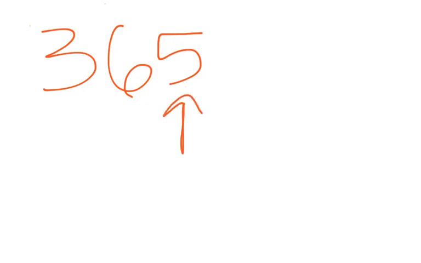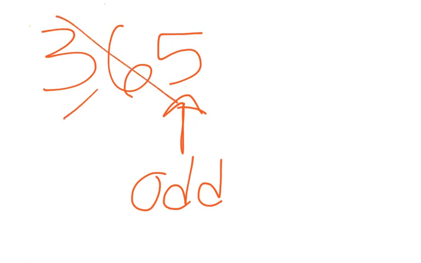I am looking at the ones place. Now, tell me, class. Is 5 even or odd? I hope you're saying odd. Yes, 5 is odd. So in order for this to be an odd number, we look at the ones place. And because there is a 5 in the ones place, 365 cannot be divided equally by 2.